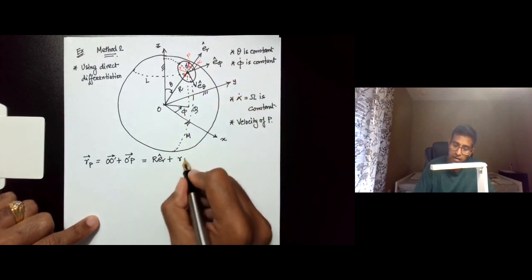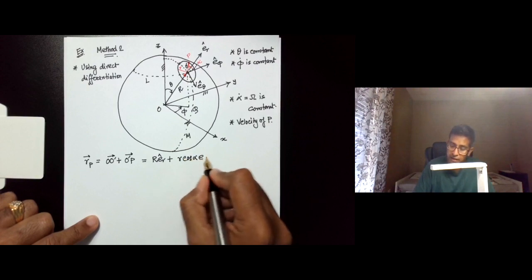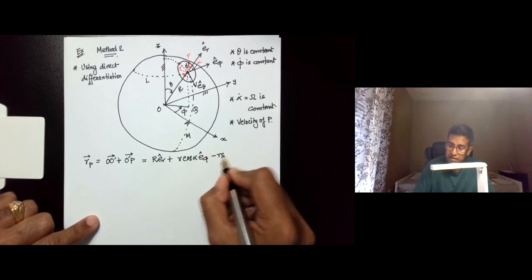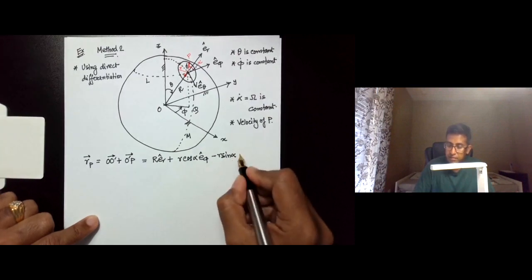So we will have R cosine alpha E phi minus R sine alpha E theta.